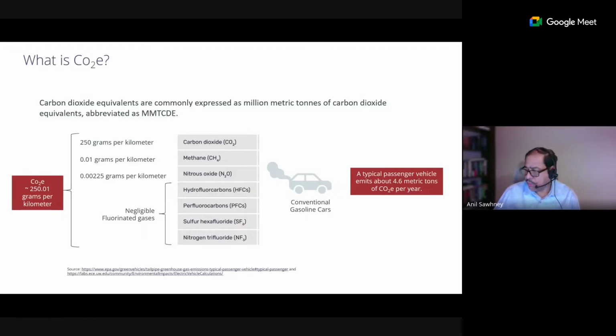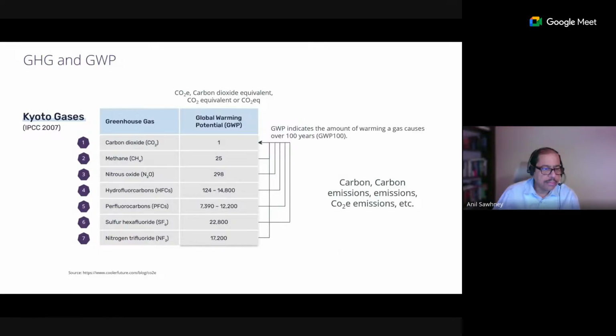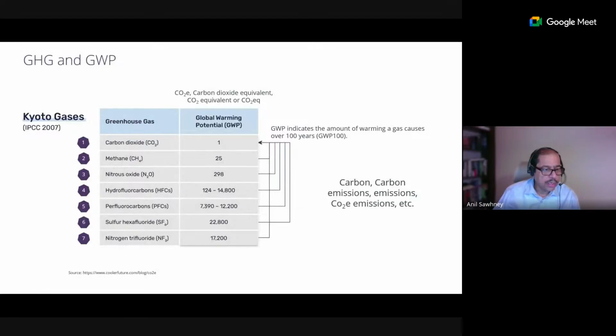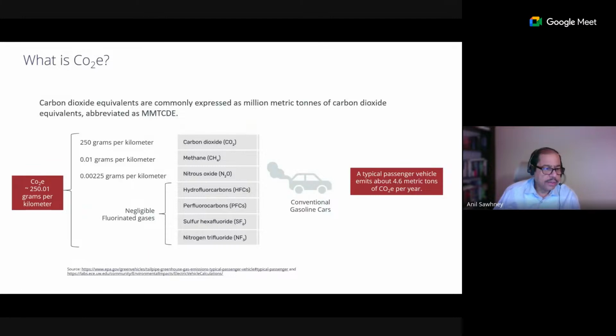Okay, so if I go and look at these numbers, methane is 25 times the carbon dioxide equivalent. So even if I multiply it by 25 to get my carbon dioxide equivalent, and 298 times for nitrous oxide, I will still get a very, very low number.